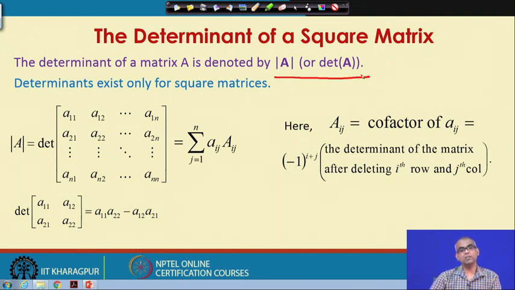For non-square matrices, determinants do not exist. So, the determinant of an n by n matrix, which is shown here, can be obtained by this.